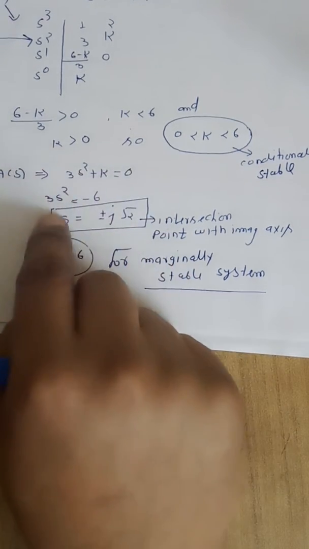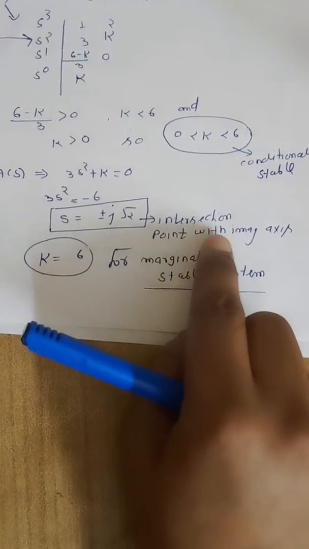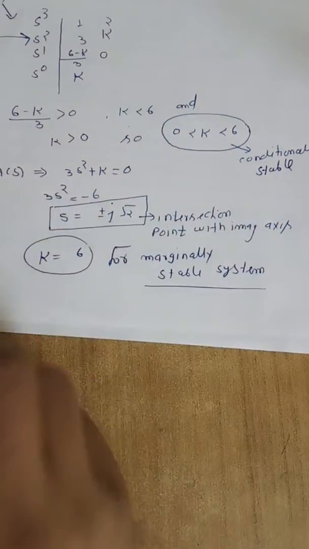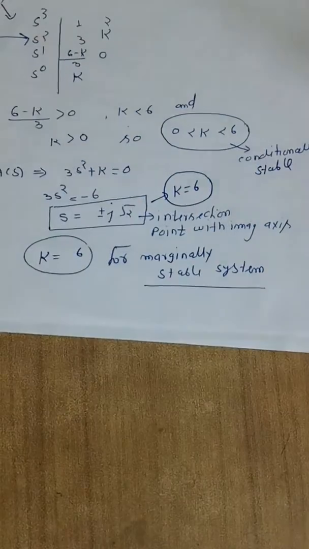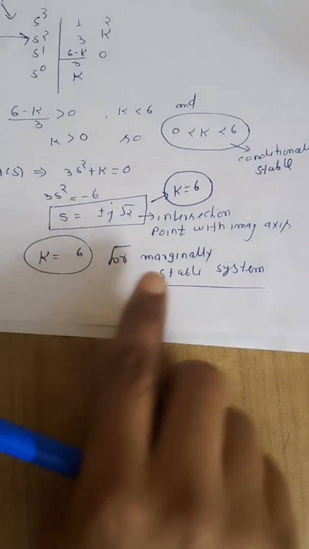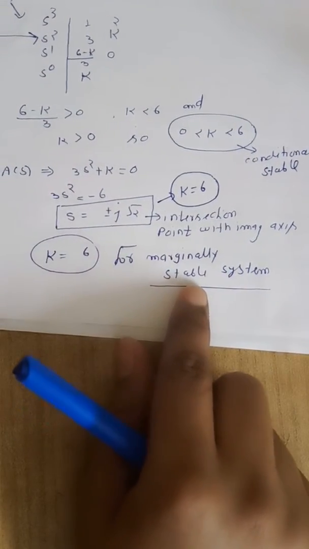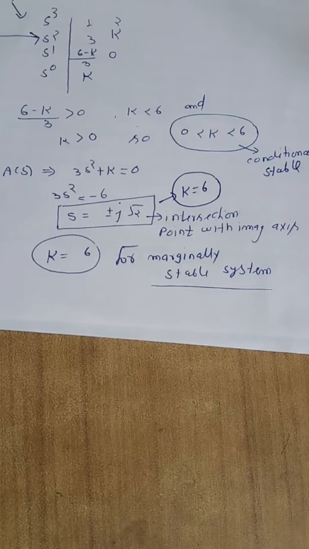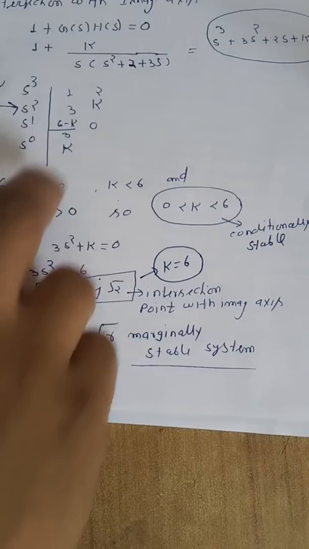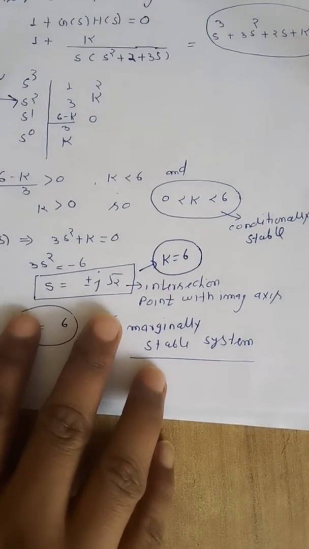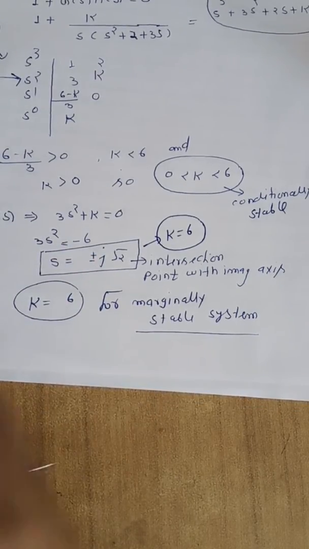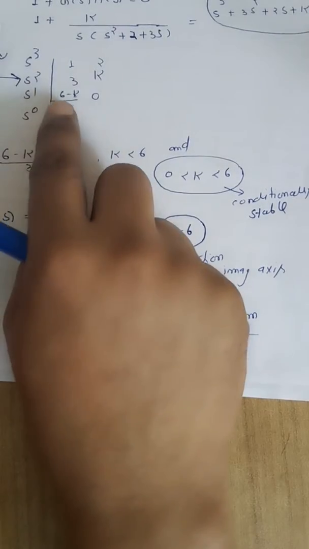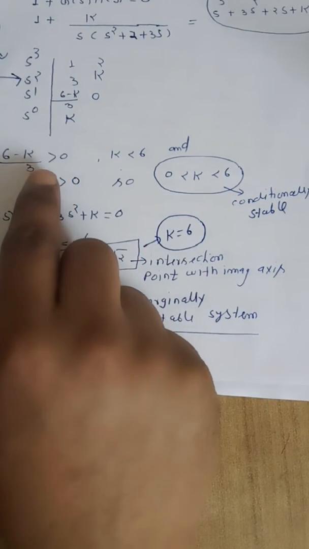This will define the intersection point of the root locus with the imaginary axis. And here we have k equal to 6. That means for a marginally stable system. तो सबसे पहले हमने क्या किया, characteristic equation find out की, उसके बाद में Routh array form की. Routh array table में stable system के लिए सारे elements के same sign होने चाहिए, इसीलिए (6 minus k) over 3, 0 से बड़ा होगा.